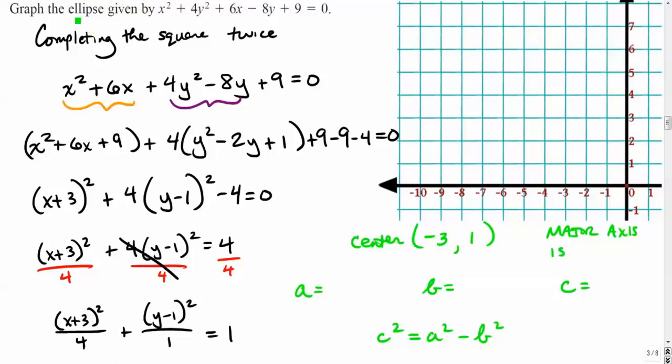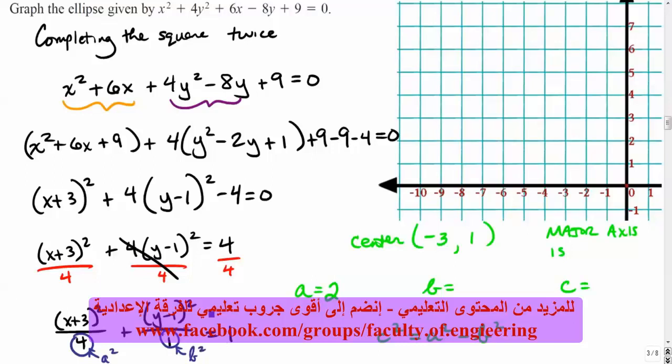The A value is always the bigger of the two denominators, so that's actually A squared. If A squared is equal to 4, obviously A is equal to 2, which means that this down here is B squared is equal to 1, so B is equal to 1.